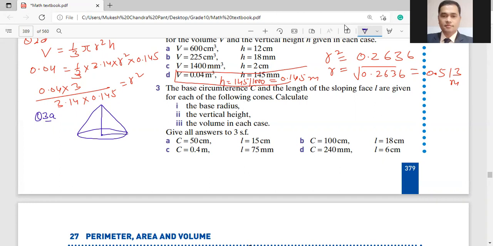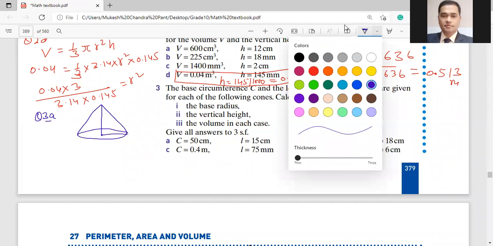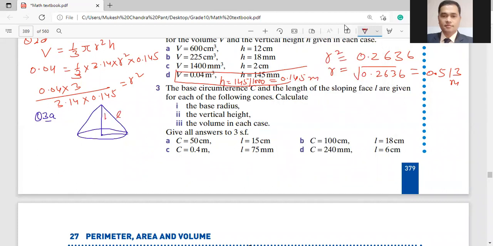This will be the radius, and this will be the slant. This is called L, slant height. This is called height, and this is called radius. And this is called C, circumference. C is this red dotted part, the circumference of the base.